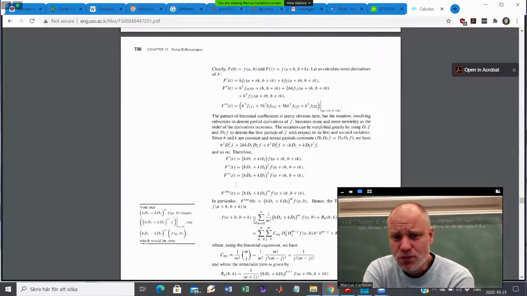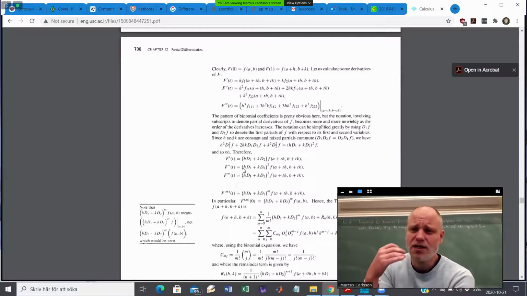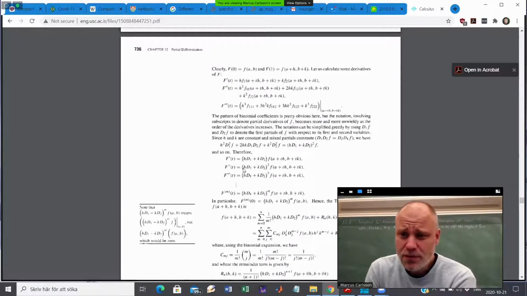The difficulty with Taylor's theorem is to find a decent way to write it down, because these directional derivatives that we get become increasingly hard to compute. If you just do direct computation, you get stuff like this, okay? And then there's this beautiful way of thinking of differentiation as an operator on functions.